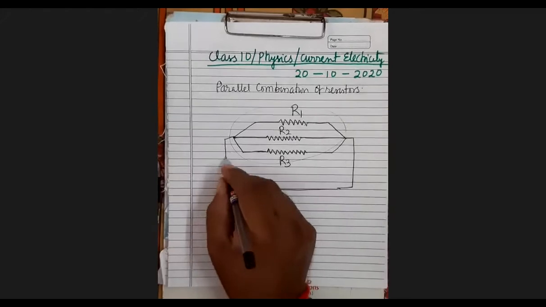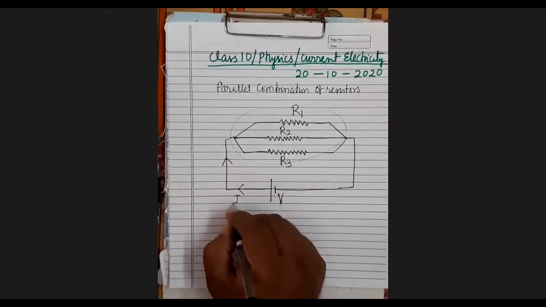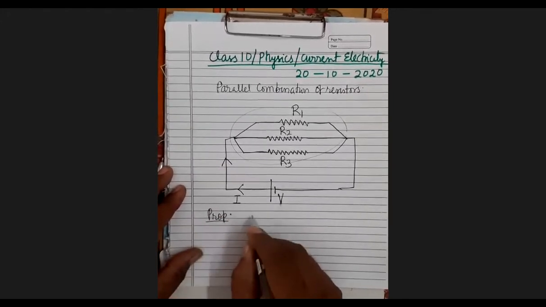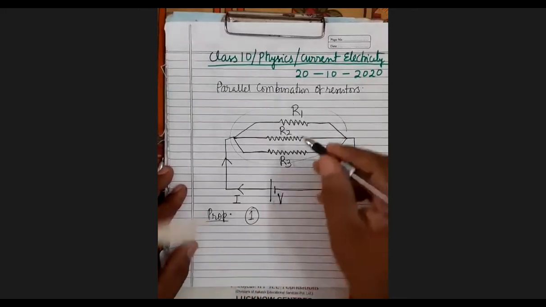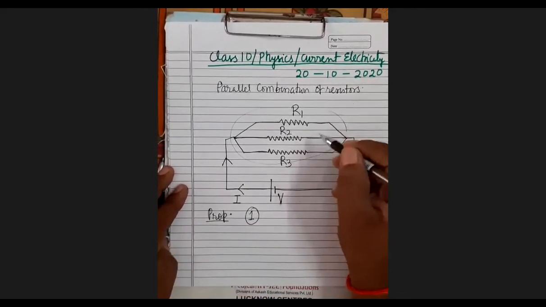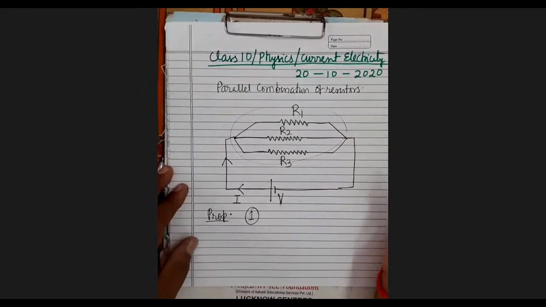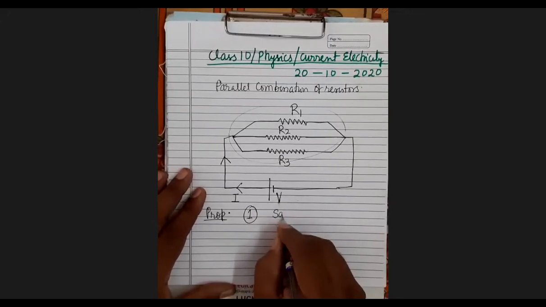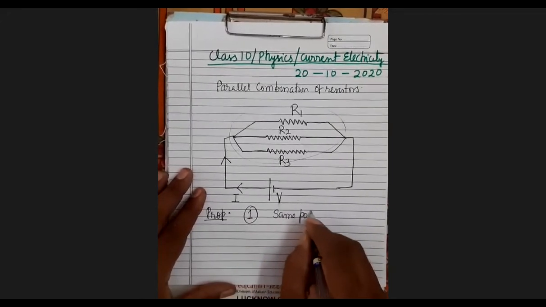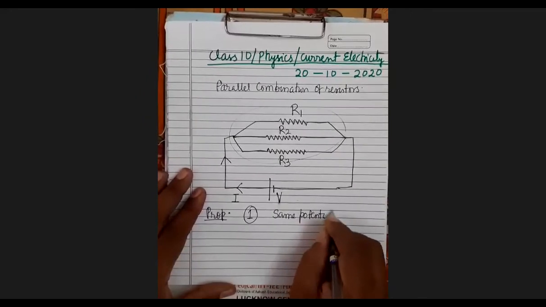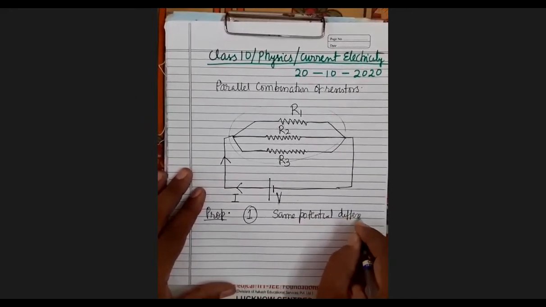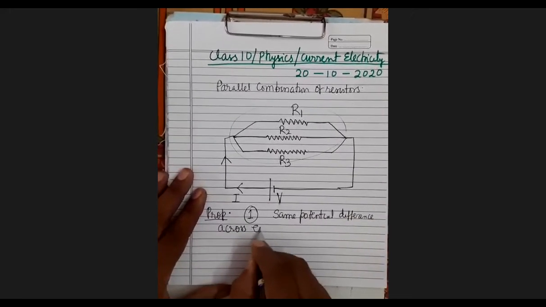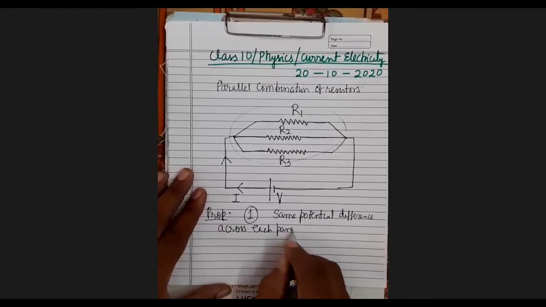So see here, what are the properties of the parallel combination? What is the first property? There will be the same potential difference across each parallel branch.